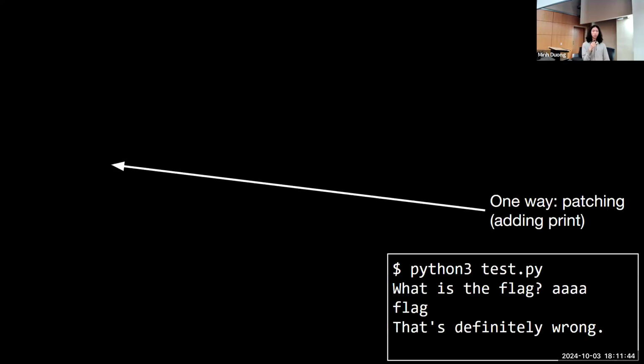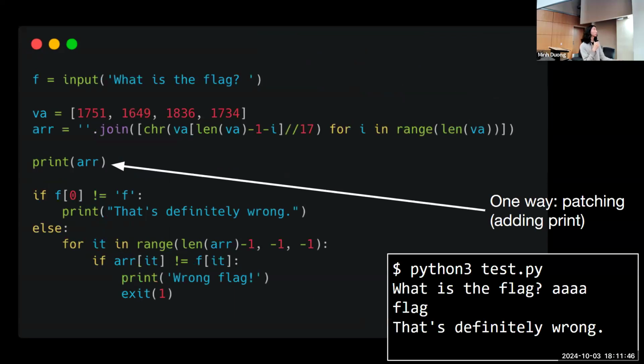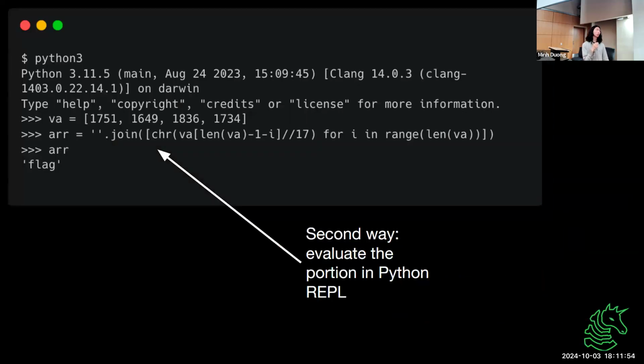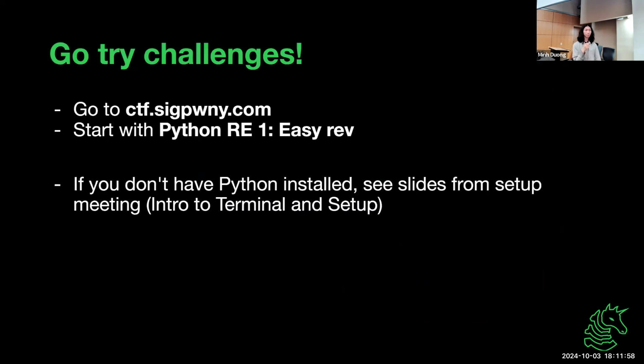You can try to just print it directly to see what the value is. It seems the value is the flag. Or if we're unable to edit this file, we can run it in a REPL, and we can see what the value is that way. So yeah, that's it. Go solve challenges.